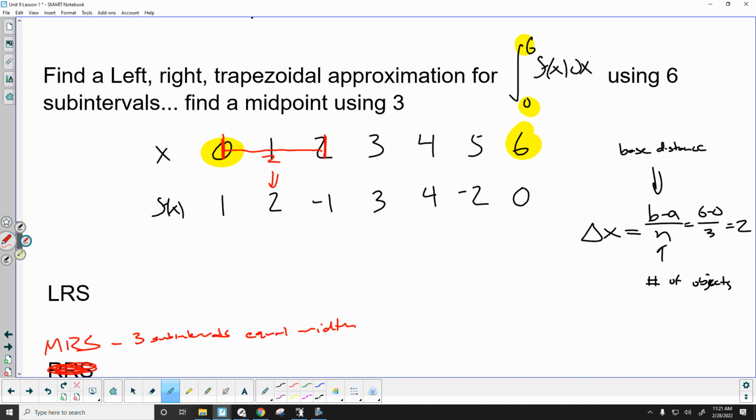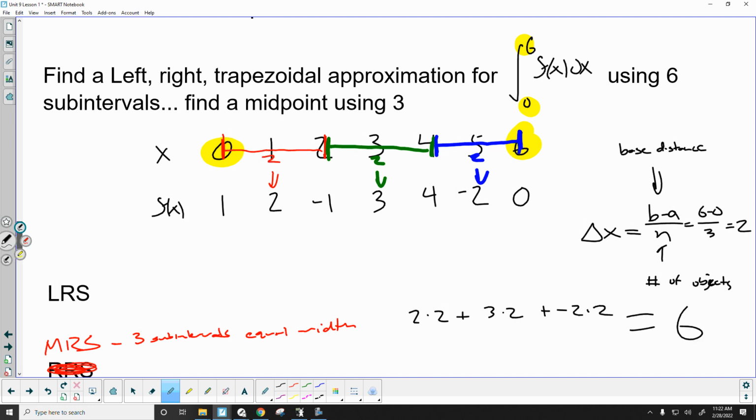Okay, keep going. Cool, we get 6. That's what the midpoint Riemann sum is equal to, the approximation of this integral.